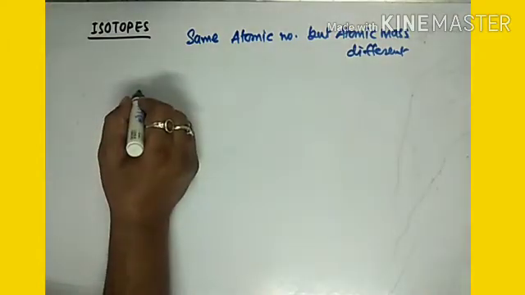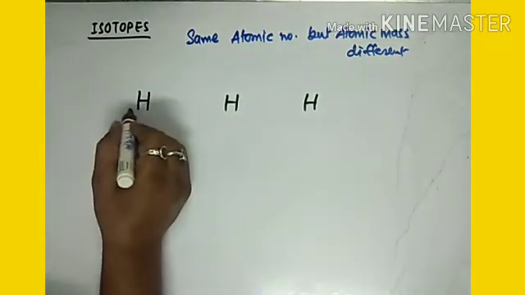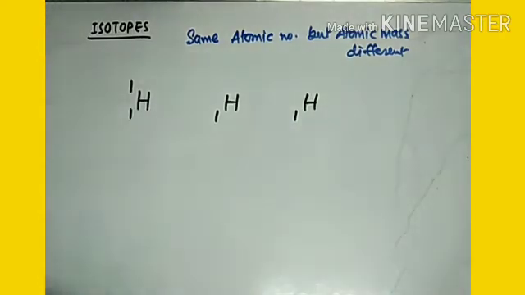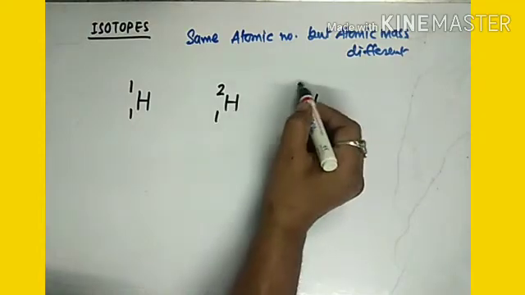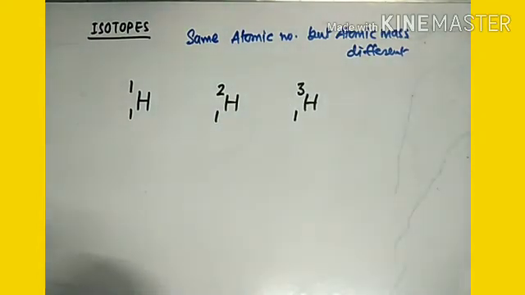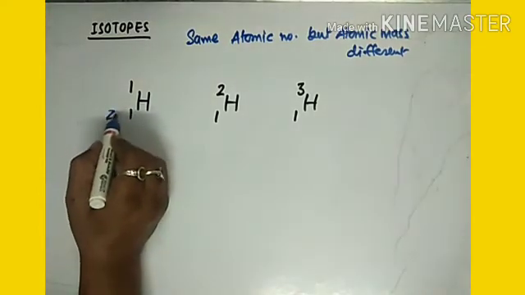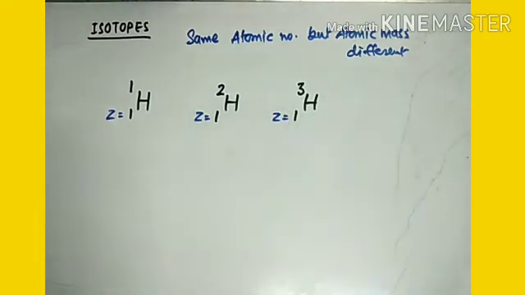We have already studied that we have 3 hydrogens, right? 1, 1, 1. We have 1 atomic mass here, it's 2 and it's 3. You see that the atomic number, the Z value, remains the same in all, right?